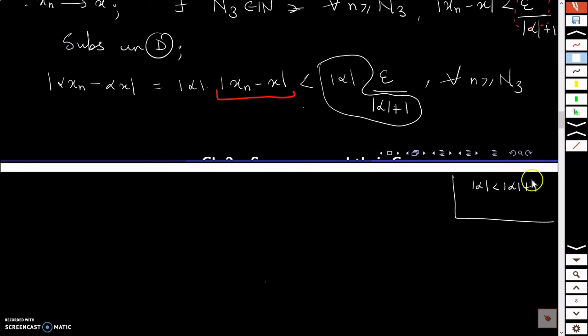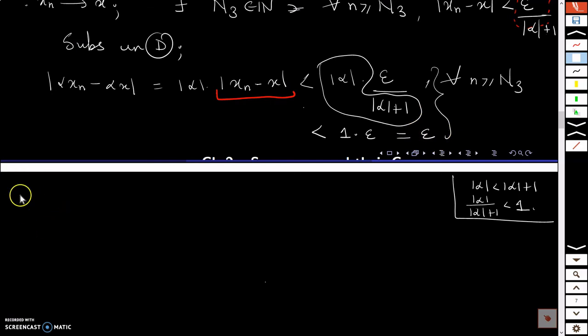So mod alpha upon mod alpha plus 1 is strictly less than 1. That means this will be strictly less than 1 times epsilon, and that's epsilon, and this will work for all n bigger than or equal to n3. So I managed to get epsilon here somehow.